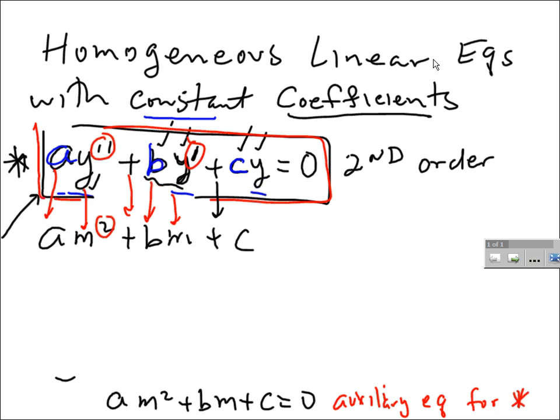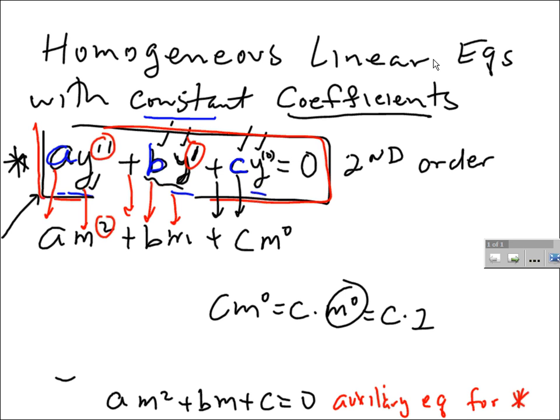And then you have a plus sign and a c, and then y really means 0 derivative. So maybe we should have m to the 0. But c times m to the 0 is c times 1, and c times 1 is c. And that's just what I have. And don't forget to put equal to 0.